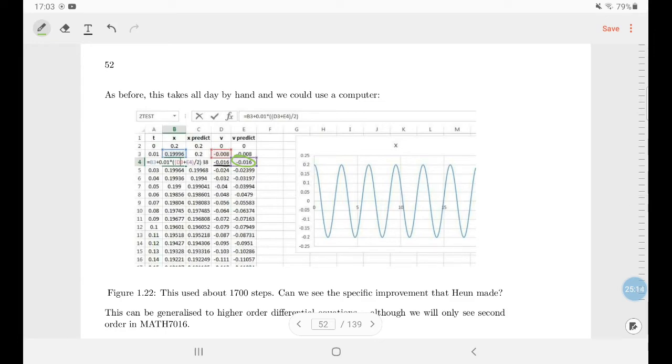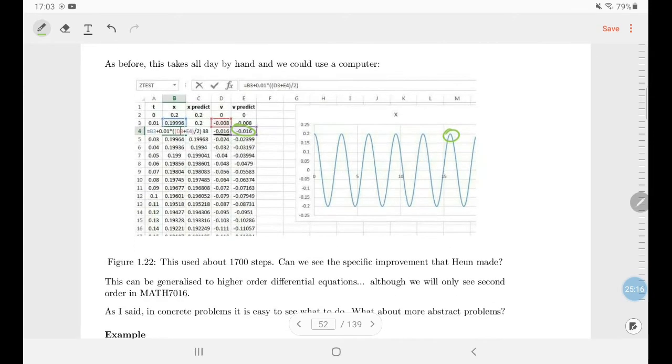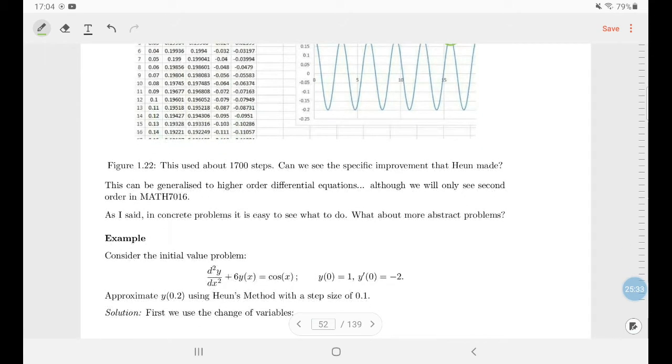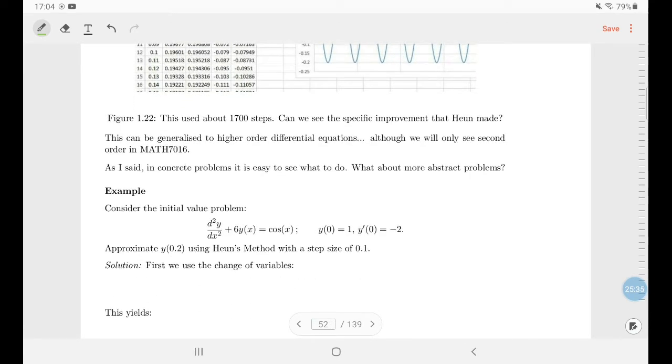We don't seem to be getting the big errors. Can we see specific improvement yet? Yeah, you're not getting the energy being increased, so that's good. Now with this method, you can write a third order as 3 first orders, and a fourth order as 4 first orders, but we're only going to be seeing second order derivatives.